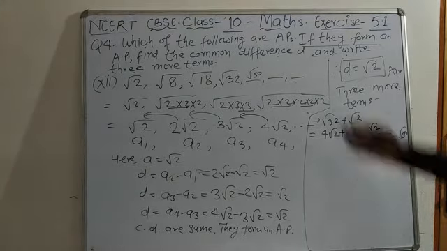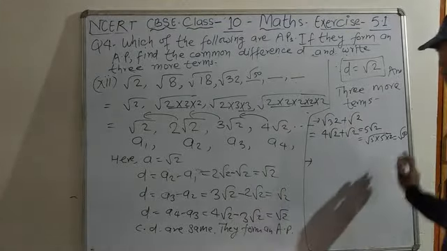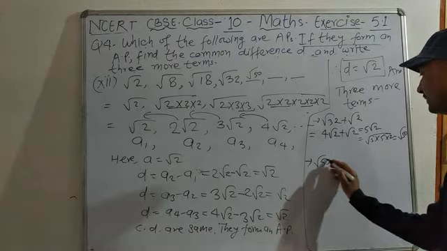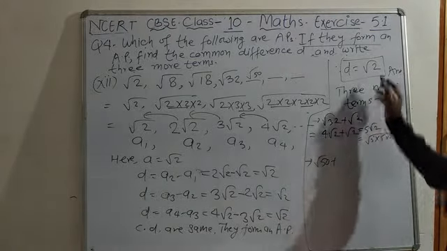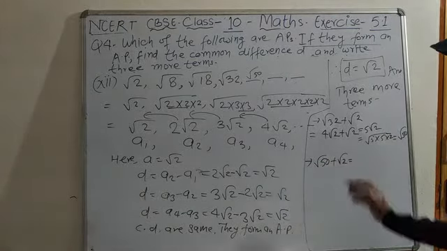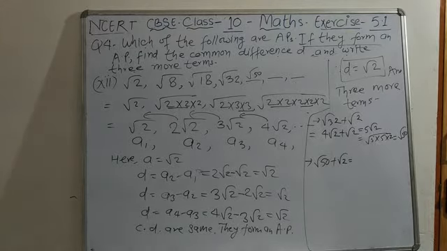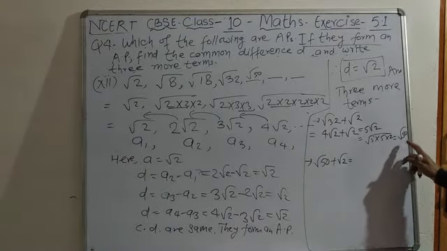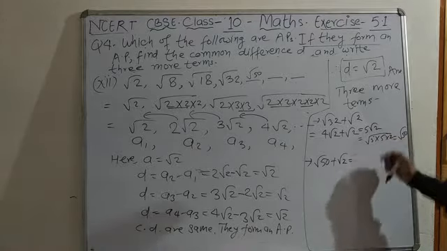Next more terms after this 32. Now next, root 50 plus d, again root 2. Root 50 plus root 2. Root 50 is known as 5 root 2.